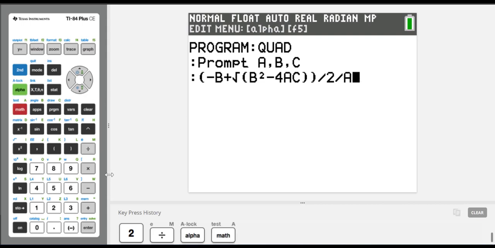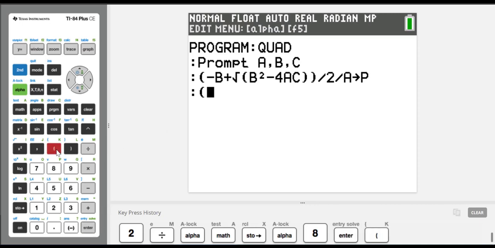I'm going to store that math as a variable. I'll just use alpha E, F. You can use it for OP or PQ, whatever you want to use. We'll use P. Then I have to do the same thing, but minus. So I now know to use the parentheses, negative. Oh, did I use a negative there? It's got to be negative.